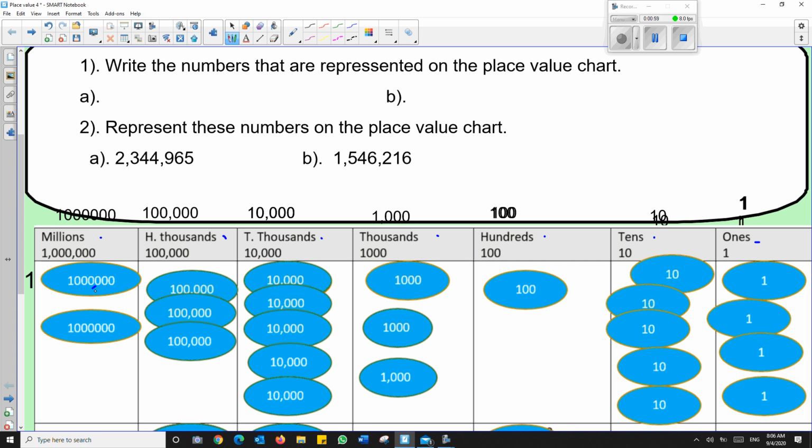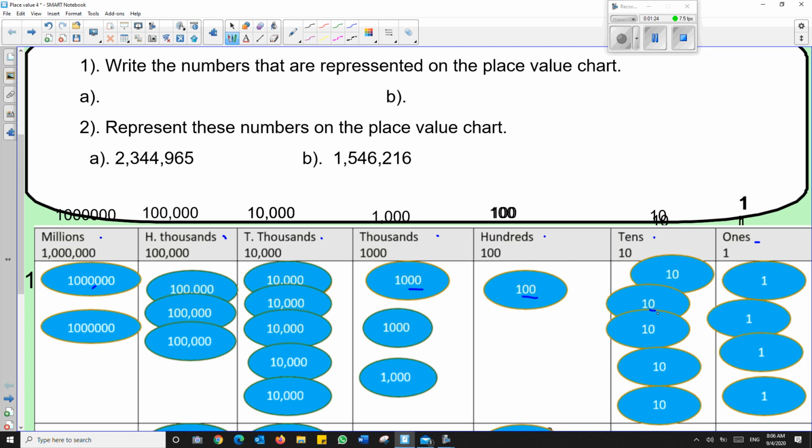How many zeros are there in 10,000? There are 4 zeros. How many zeros are in thousands? There are 3 zeros. How many zeros are there in hundreds? There are 2 zeros. And in tens, you have only 1 zero. And in ones, there are no zeros.